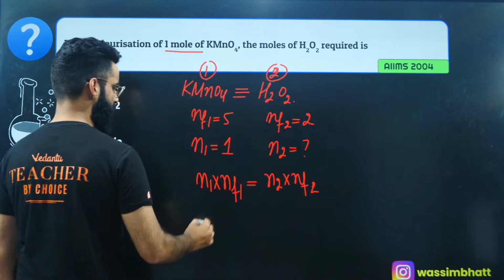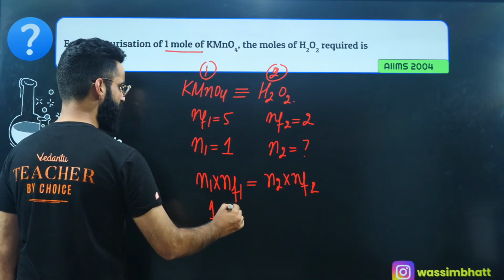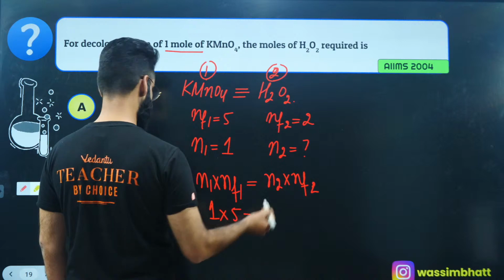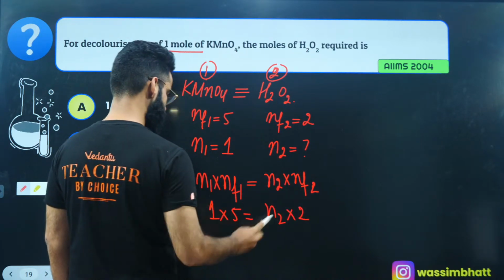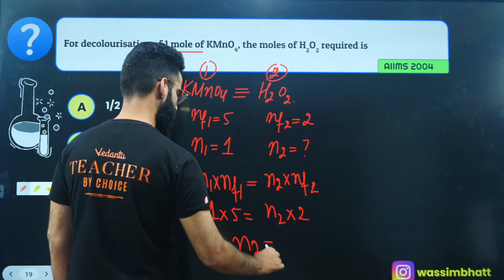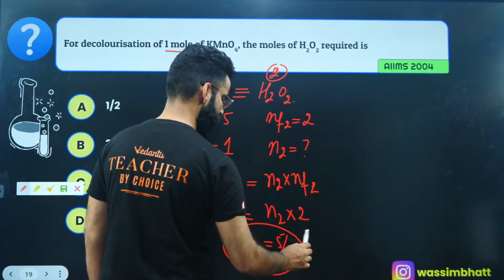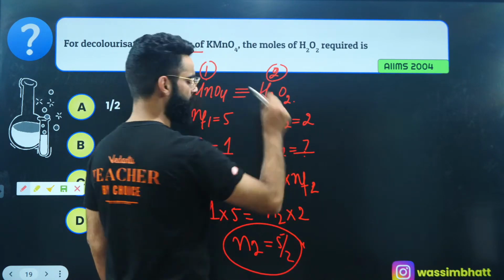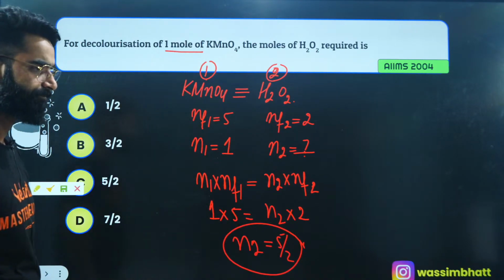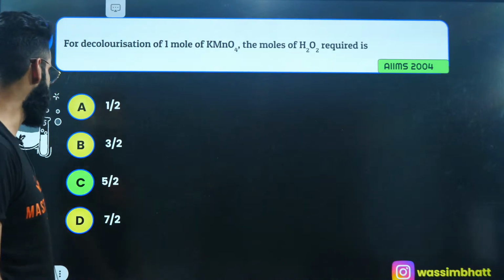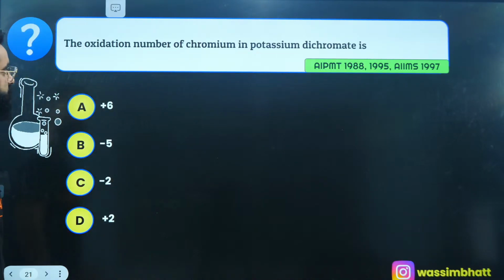The N1 value is 1, the N factor of 1 is 5, equal to the N2 value, which I need to calculate, multiplied by 2. So from here, you can calculate the N2 value, which comes out to be 5 by 2. These are the moles of H2O2 which I was supposed to calculate, right? So it's absolutely going to be option C, which is the correct answer of this question.